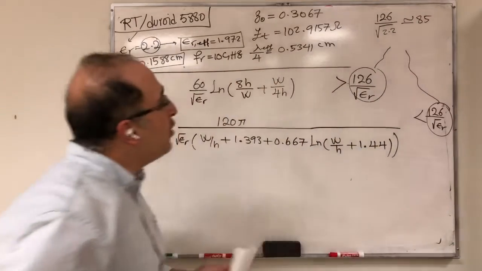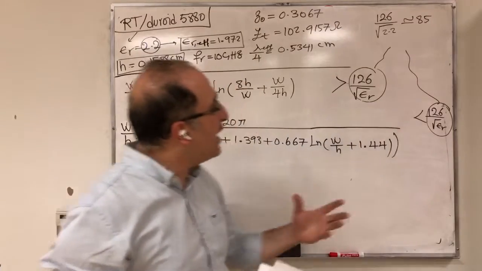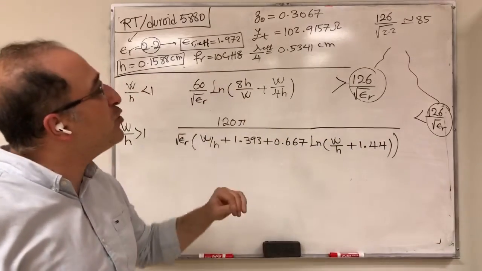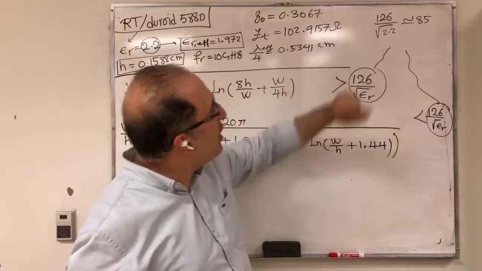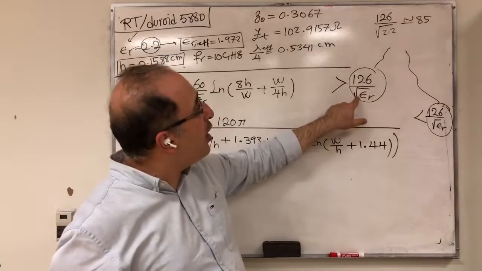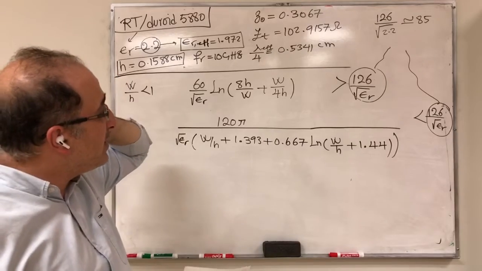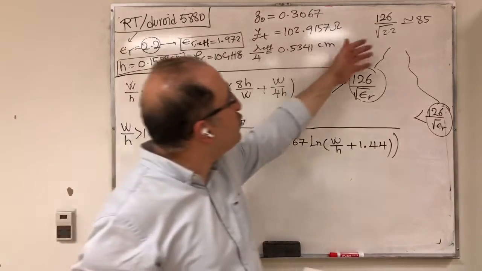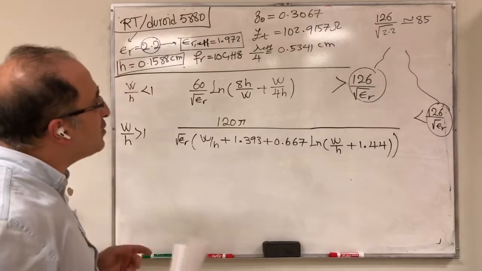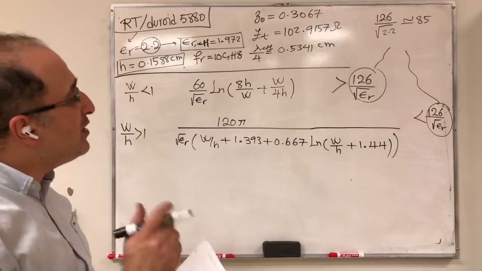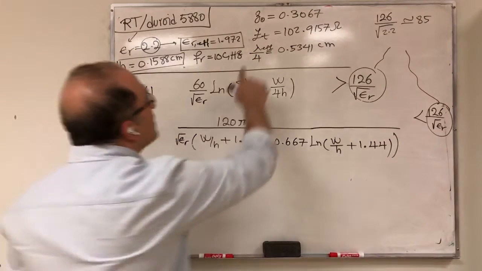So this value gives me an indication of which equation I should choose. And remember, epsilon r is 2.2; I have not substituted epsilon r effective. Now you want to find the width of the transformer.